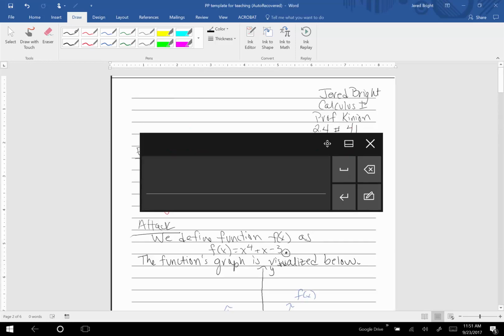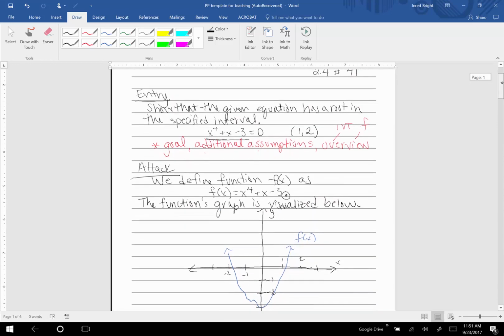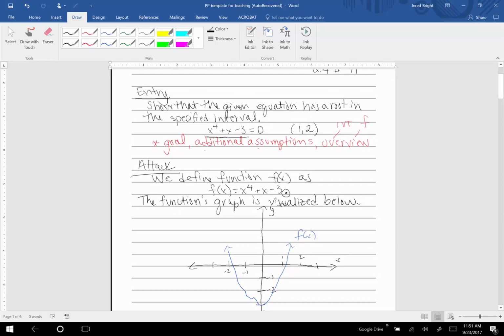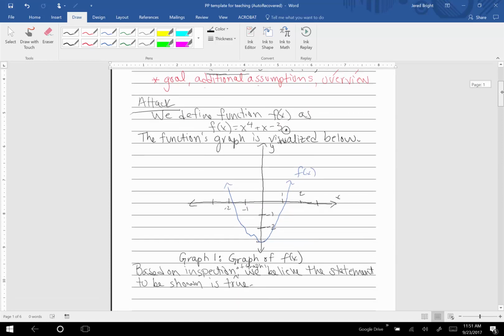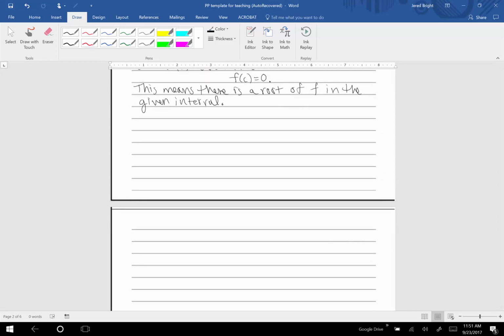Okay? And that satisfied, so if we look at the entry, show that the given equation has a root in the specified interval. Okay, great. And so I did that, and that would lead me into my conclusion.